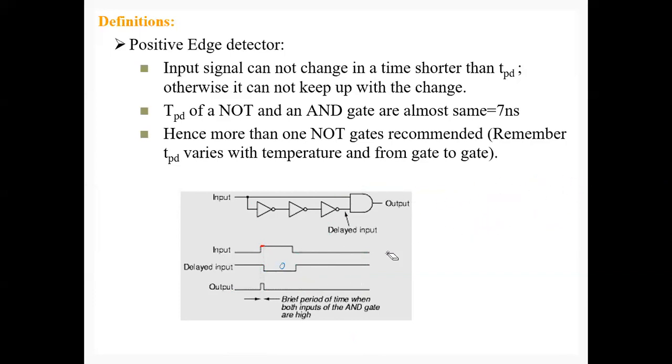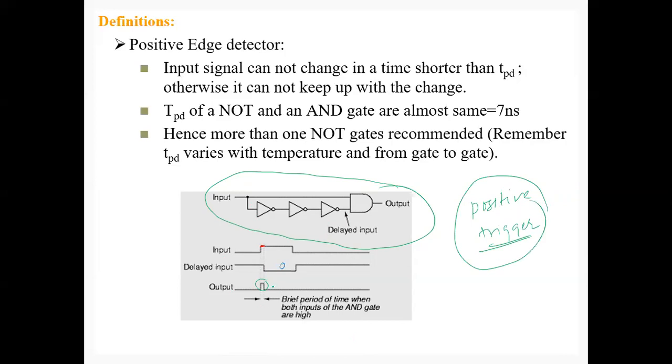Okay, so what did you get here? Due to this delayed input, what is the contribution of delayed input? The contribution of delayed input is this. You get a slight pulse, and this is called positive trigger. So if you want to get the positive trigger, then you can use this kind of delayed input.